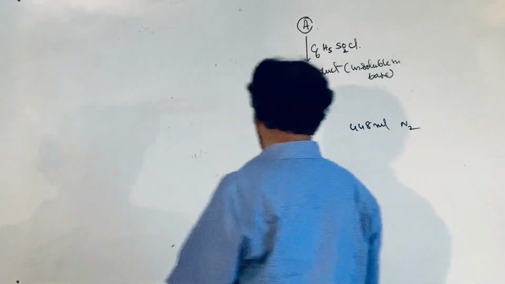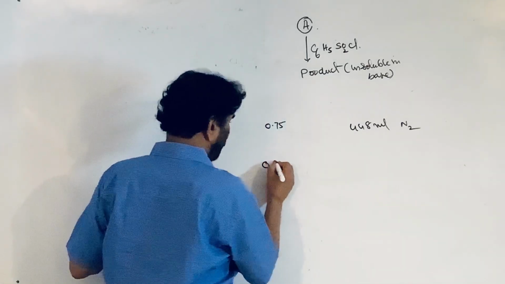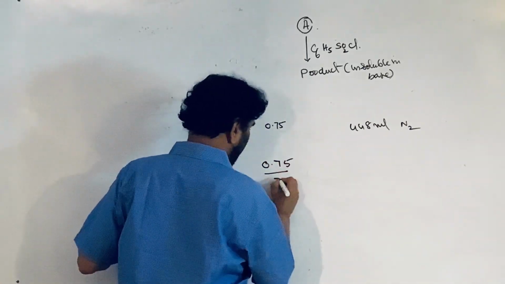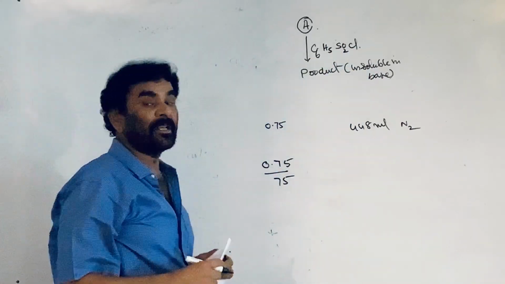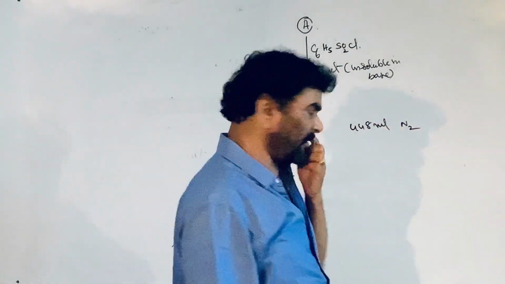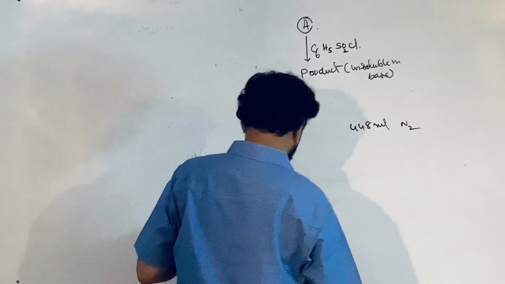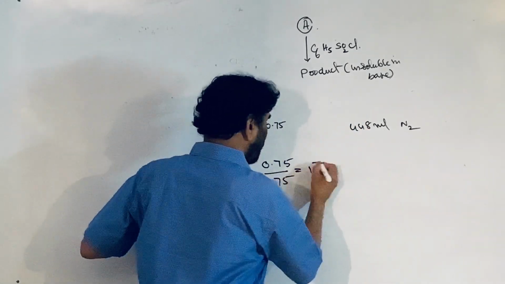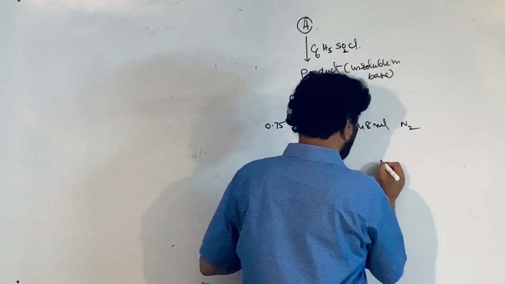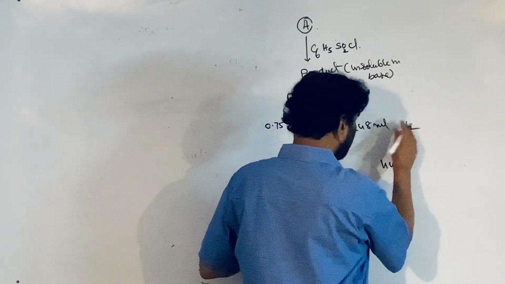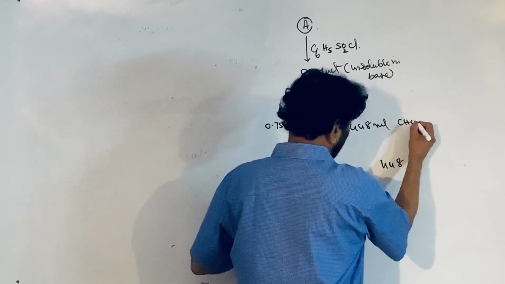How many moles of this compound are taken? 0.75 divided by 75, the molecular mass of the original compound, is 10 to the power of minus 2 moles of the organic compound taken. Here, 448 ml of methane is liberated.